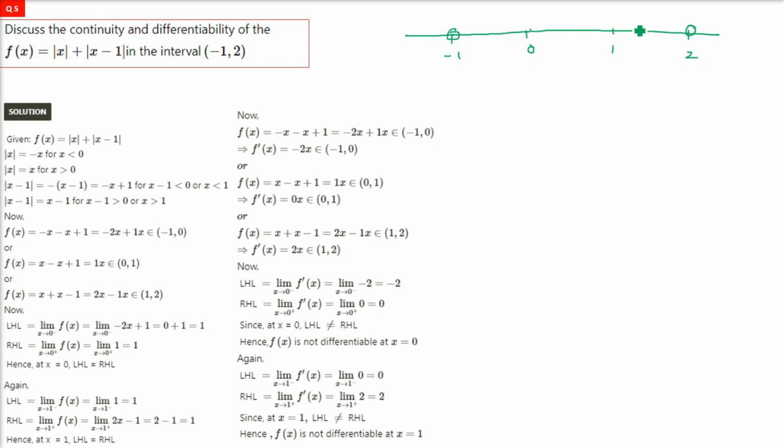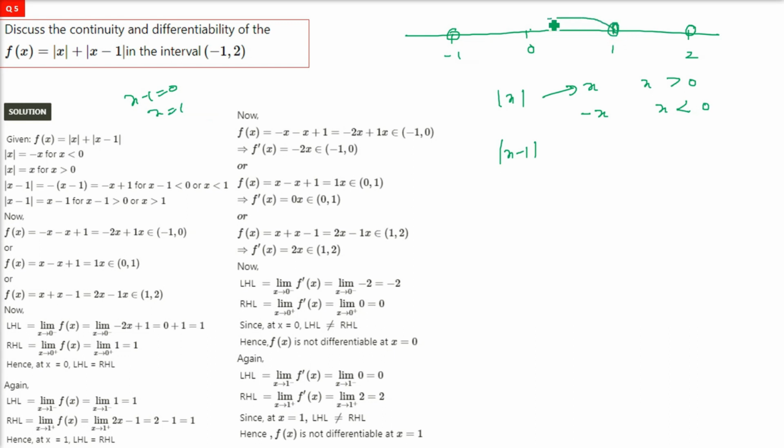0 and 1 is important because it is between minus 1 and 2, and at 0 and 1 the function changes. So mod x is x when x is greater than 0. It is going to be negative x when x is less than 0. That we already know. What is mod x minus 1? Mod x minus 1? See, it means x minus 1 equals 0. So x equals 1. The point is 1.